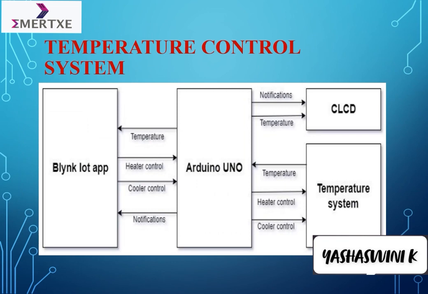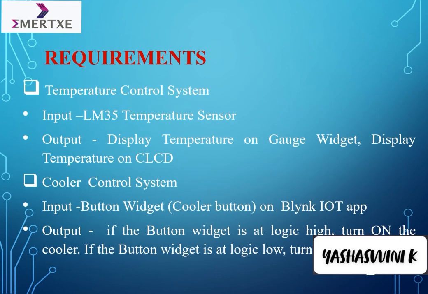Temperature control system. Here we have used the Blynk IoT app, Arduino board, and CLCD. For the temperature control system, the input is a sensor, the LM35 temperature sensor. The output will display the temperature on the gauge widget and on the CLCD.